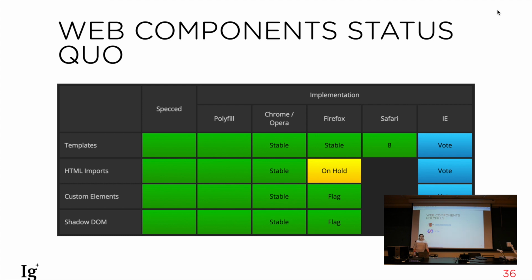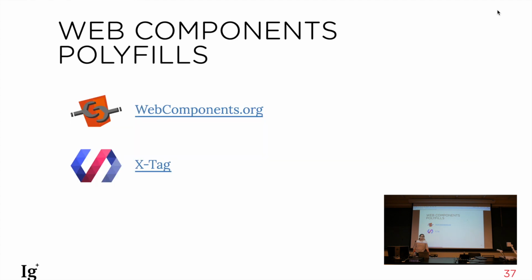These are basically some JavaScript code which detects that this specific browser does not understand web components, and it tries to emulate this functionality, to understand the syntax of web components and behave similarly to the browsers in which this is implemented. So technically it's possible to use web components with additional polyfills.